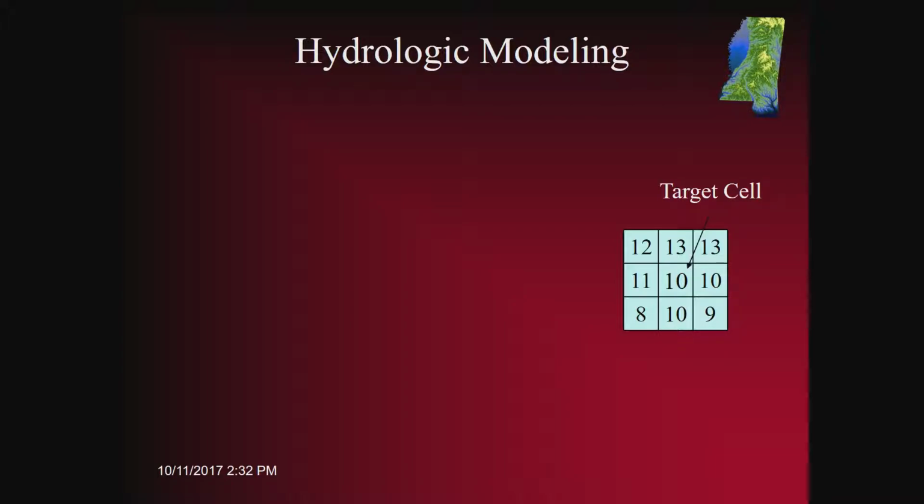It's kind of a direct progression. We talked about last week calculating slope and aspect. The next step beyond that might be calculating water flow. Calculate slope, and feed that into the model. It's still a local operation.